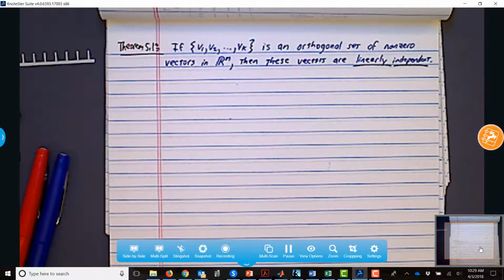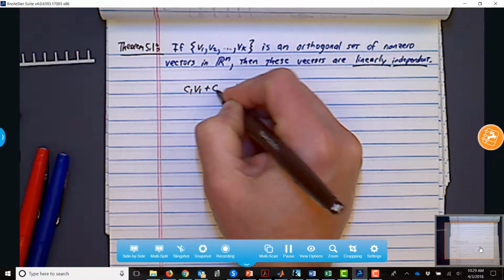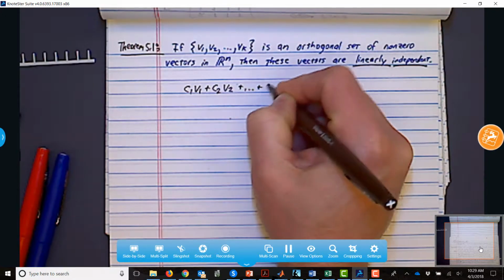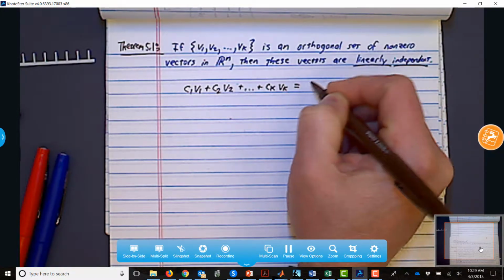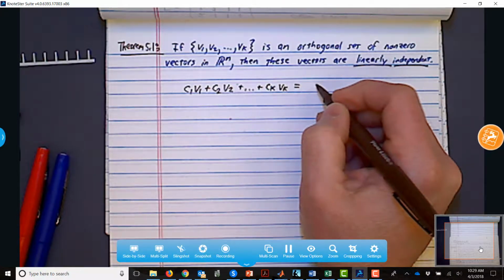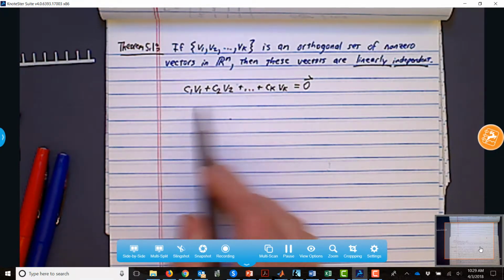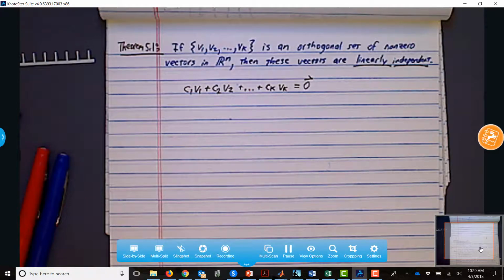So I'm going to write an equation down. What's the equation that goes with that? C1V1 plus C2V2 plus plus CKVK equals the zero vector. I mean, these are all vectors. I'm not going to put all the arrows, but we know that that's the equation.